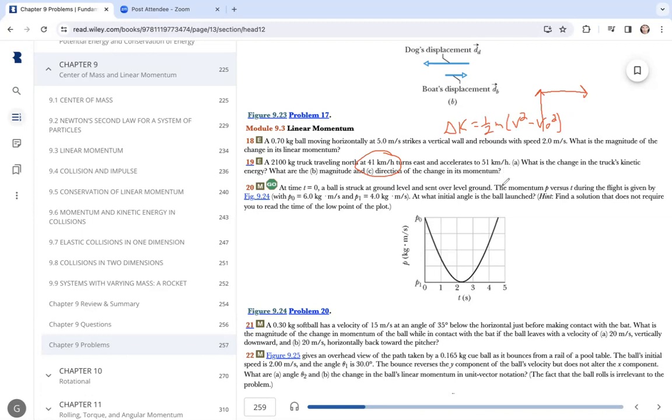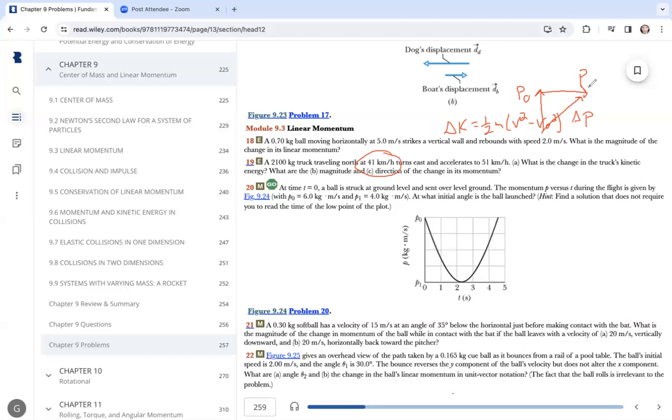Well, to figure out the change in the momentum, we would have to realize that this is a vector, right? So if this is P initial and this is P final, then this here would be delta P. Or actually, let's see, this is P naught plus P final.